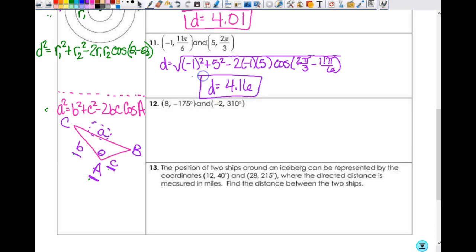Make sure we agree. Do not just write my answer down. Make sure you are typing this in and getting this. And if you are not, let me know.